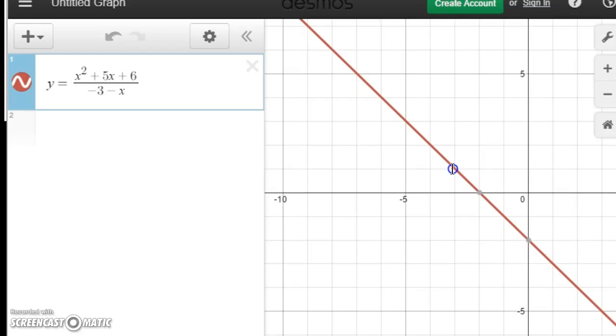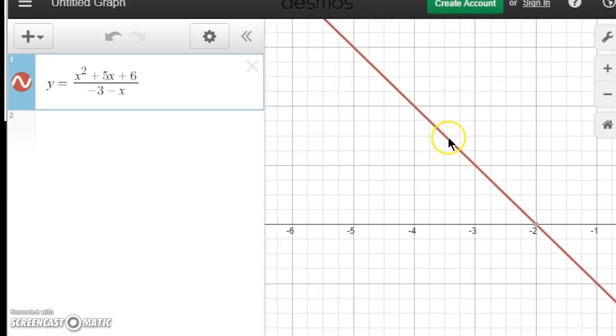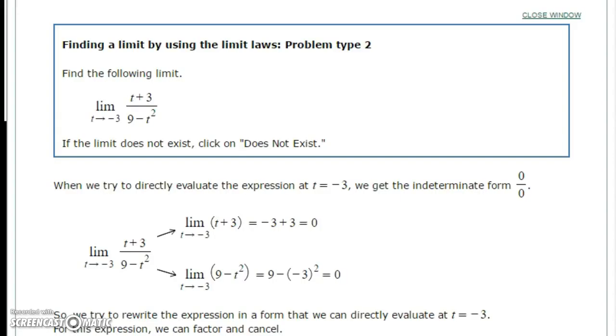If I zoom in even more, it gets closer and closer to 1. And if I do it from the other side, my y value also gets close to 1. So in this case, my limit is 1. But how do I do that algebraically?